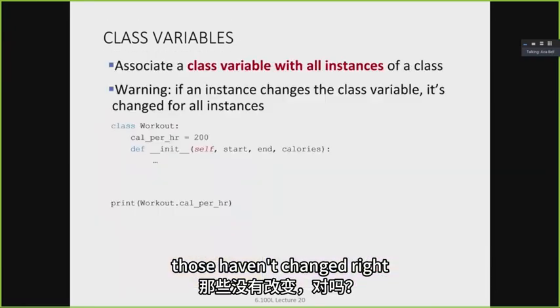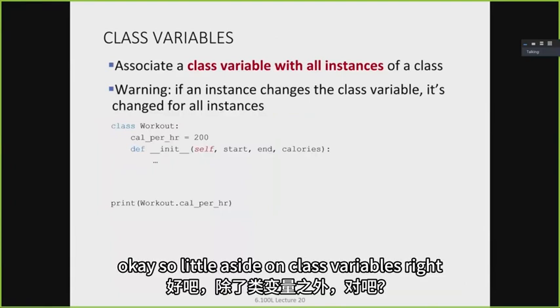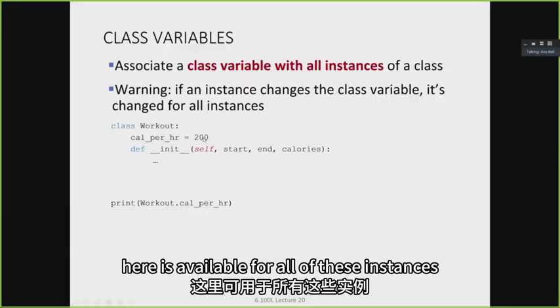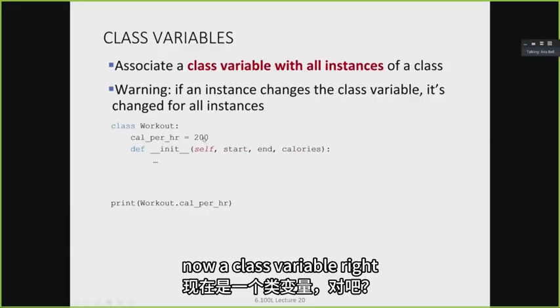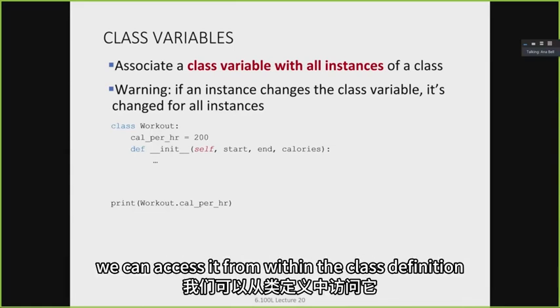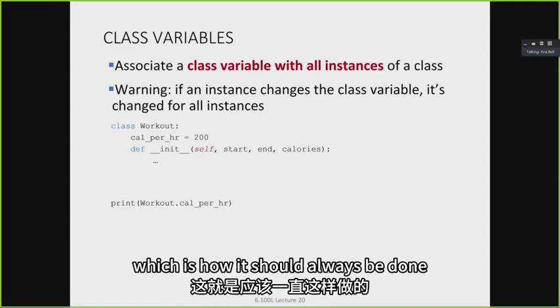Those haven't changed, right? Okay, so a little aside on class variables. This cal per hour here is available for all of these instances. Now, a class variable is just like an instance variable. We can access it from within the class definition, which is how it should always be done.